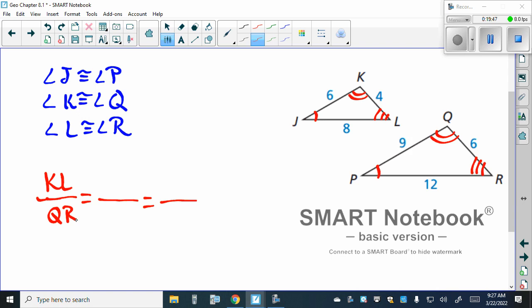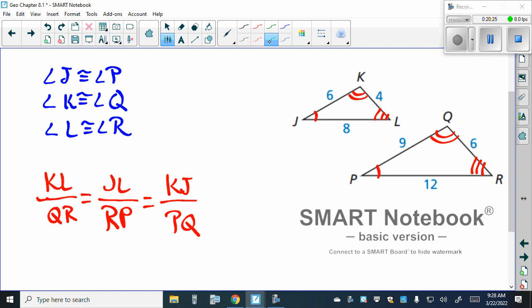Another set of sides, JL and PR, or RP, PR, either one. And that leaves us with JK, or KJ, and PQ or QP. Any questions on how we found the congruent angles or our proportionality statement?